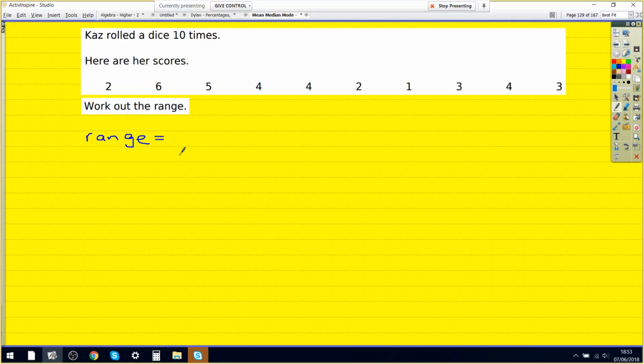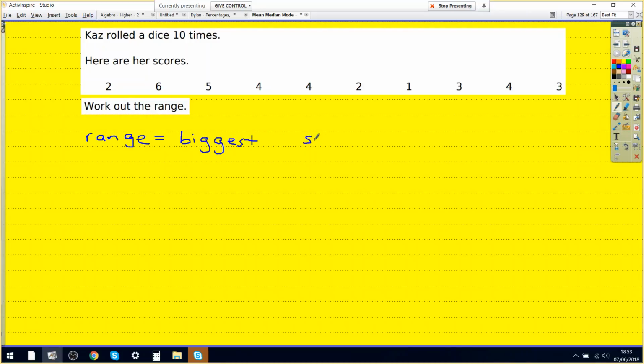Is that for ending number and for starting number? Yeah. So that'd be 2 and 3. Does it go in order first? Yeah. So it would be basically the biggest and the smallest. Biggest and smallest. So that would be 1 and 6.